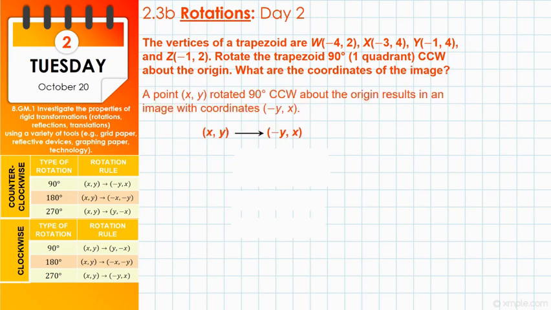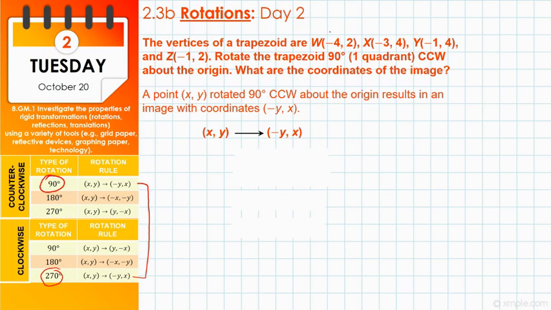When we look at the rule for a 90-degree rotation about the origin, counterclockwise 90 degrees is the same as a clockwise rotation of 270. The rules match. X and Y switch, and it will take on the coordinates of the new quadrant.